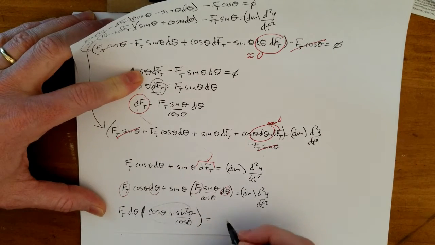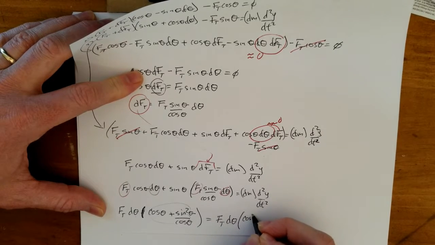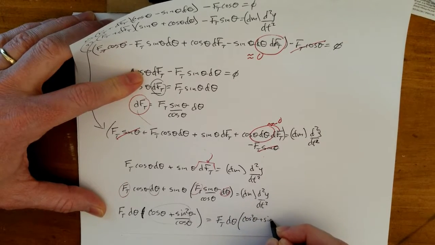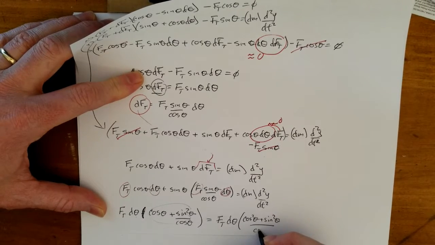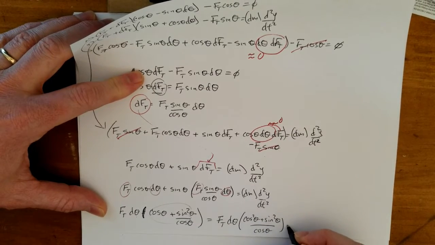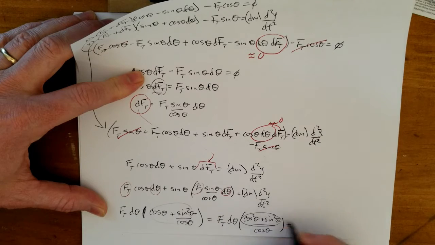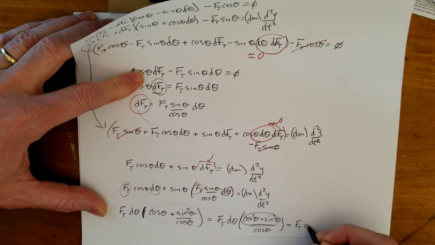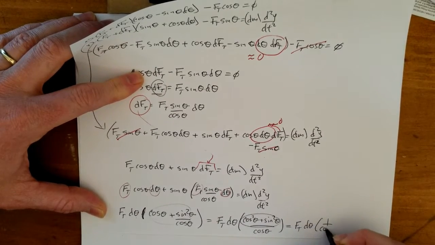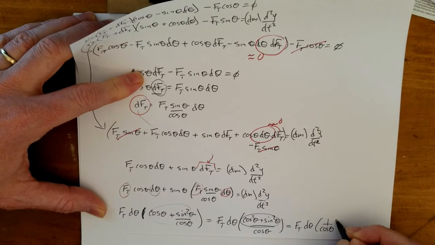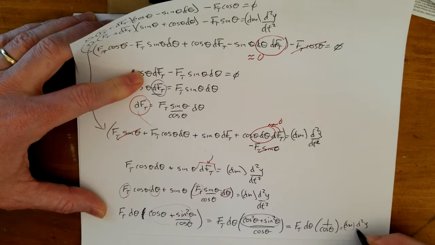We get a common denominator, so this is the tension d theta times cosine squared theta plus sine squared theta over cosine theta, which is, well, that numerator is 1, so I get tension times d theta times 1 over cosine of theta, equals dm times the second derivative of y with respect to time.